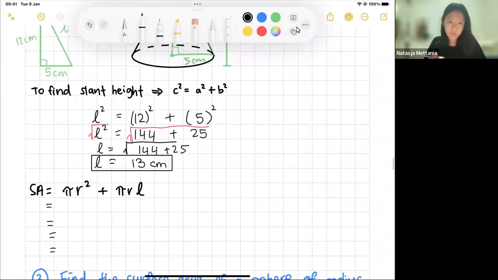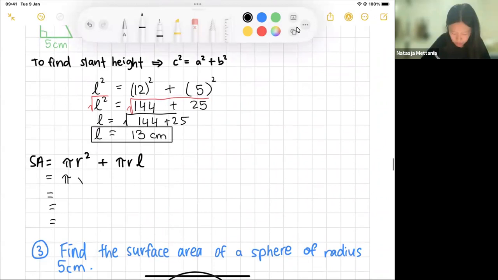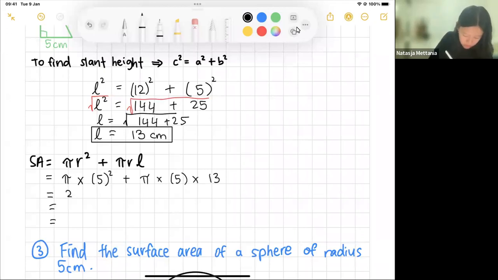Okay. Sub 5 into it, r squared. So I put 5 squared plus pi times 13, which we found as our slant height. Put that there, which is 25 pi plus 65 pi. There you go. And then writing it down as 90 pi.